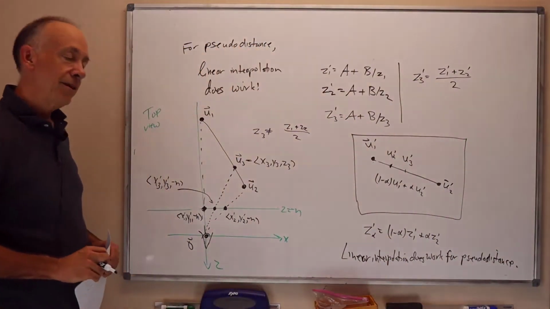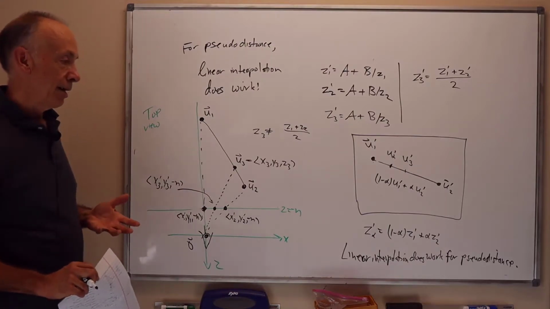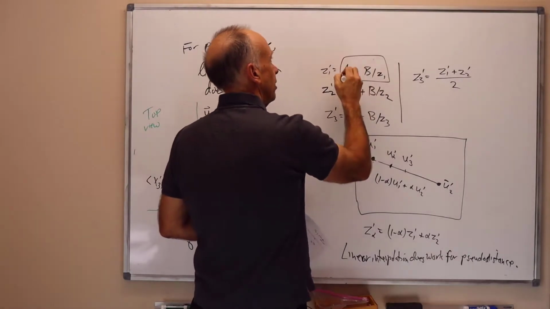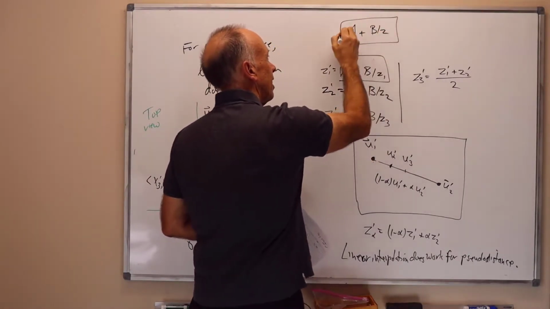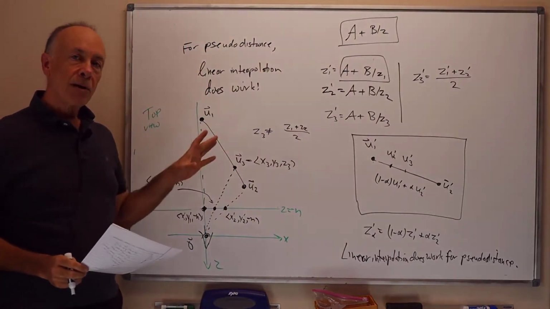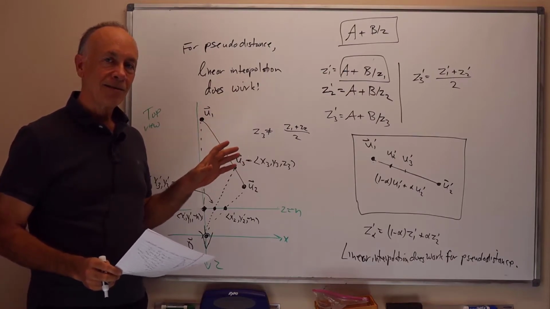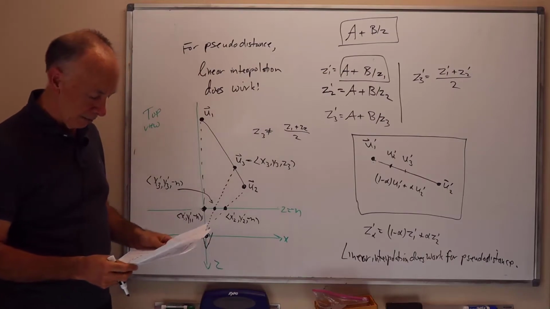And this is one of the reasons why we can get away with using pseudo-distance, A plus B over Z. It has the advantage that linear interpolation works. We can use a 4x4 matrix. In fact, the reason that linear interpolation works is that we're using a 4x4 matrix.